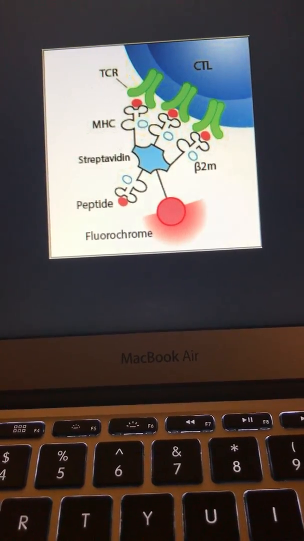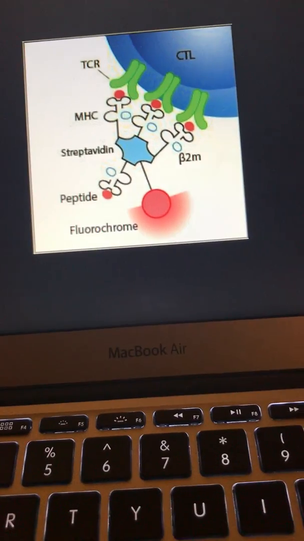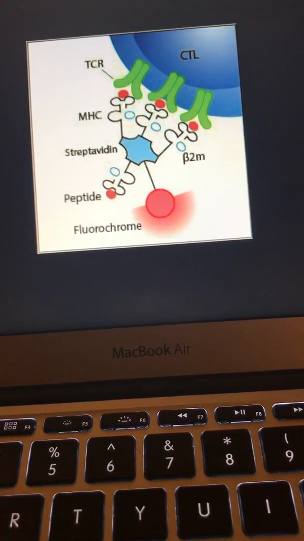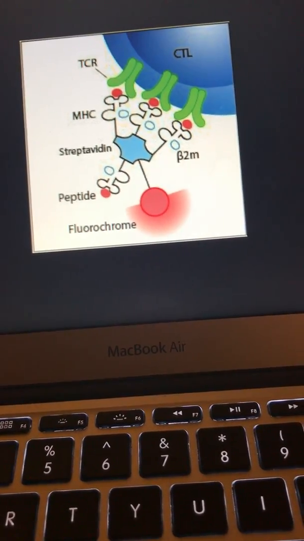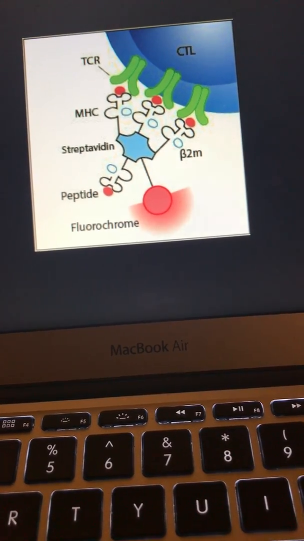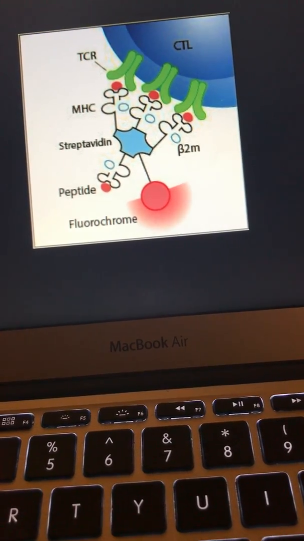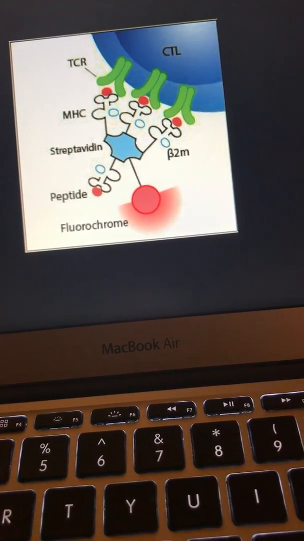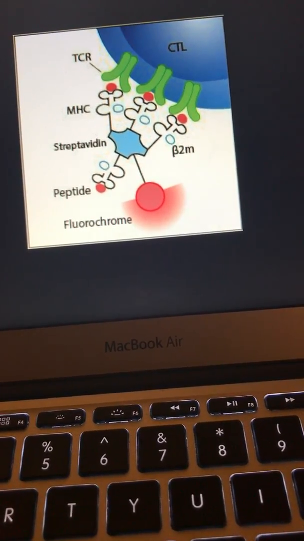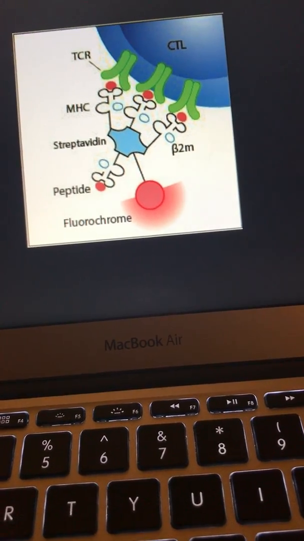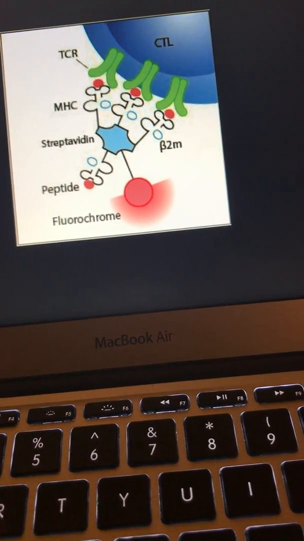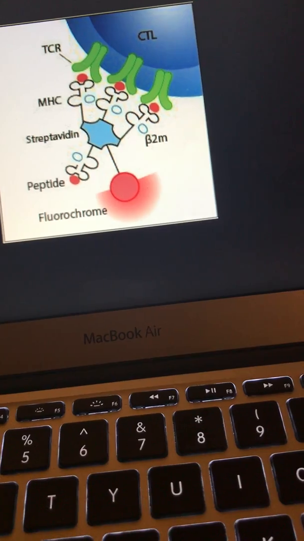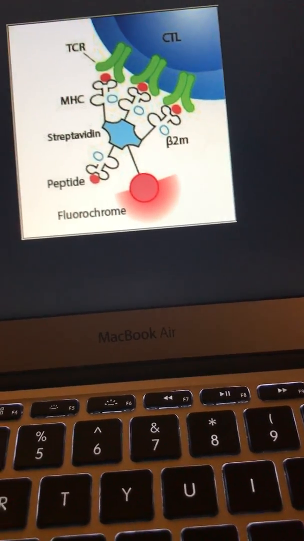The MHC peptide monomers are biotinylated and tetramerized with streptavidin to maintain stable binding to various TCRs. So what this does is it enables the MHC peptide tetramers to be used.